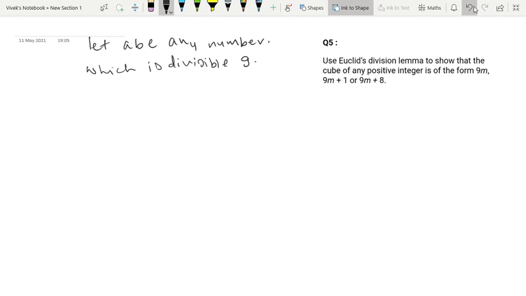9. So we have possible remainders here of 0, 1, 2, 3, 4, 5, 6, 7 and 8. So here 9 is the divisor, right?